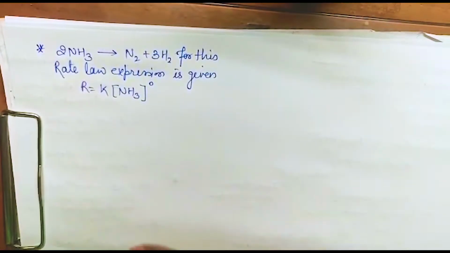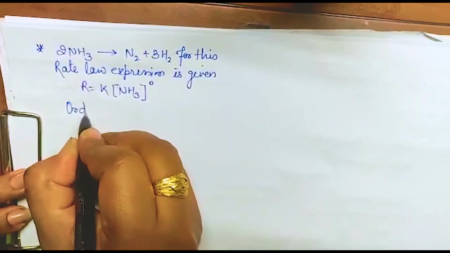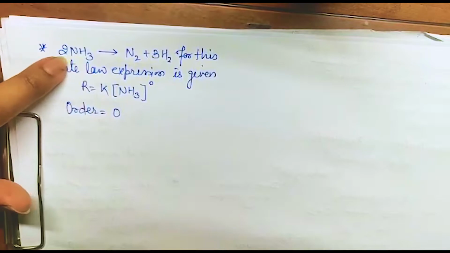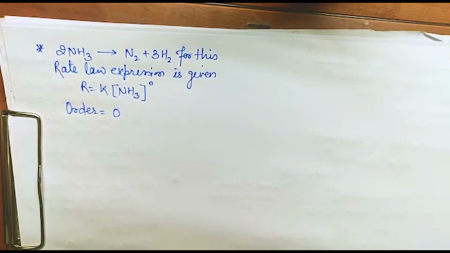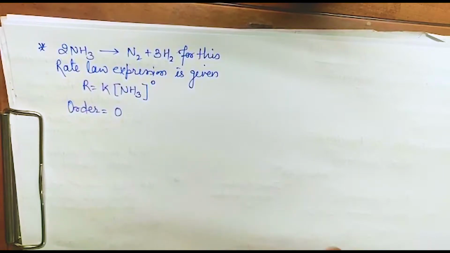This is the given thing. This is experimentally given. Okay, got it? So what will be the order here? Order will be 0. We don't have to check this balanced equation. We will not check it. If the rate law expression is given, we will not check the balanced equation. Got it what I said? Any problem in this? Okay. So this is called the rate law expression.